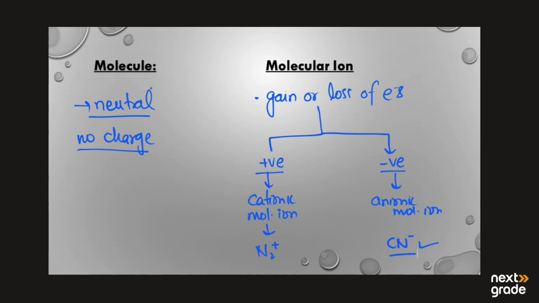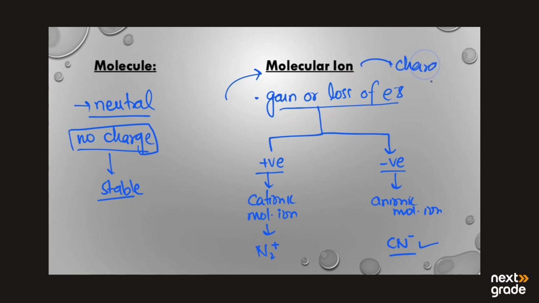So basically, a molecule is neutral, with no charge, as it is a stable species. On the other hand, molecular ions are formed by gain or loss of electrons, and a molecular ion is a charged species, having a charge whether positive or negative.